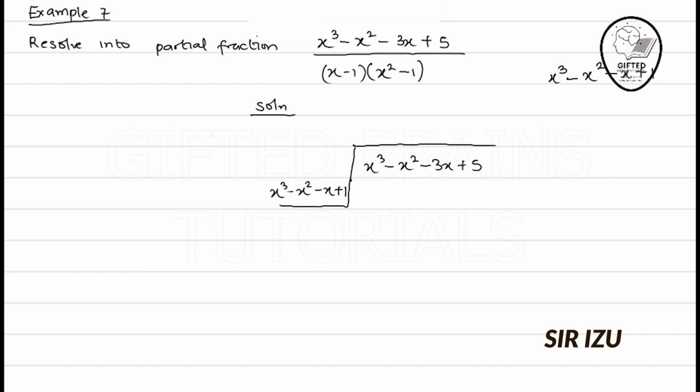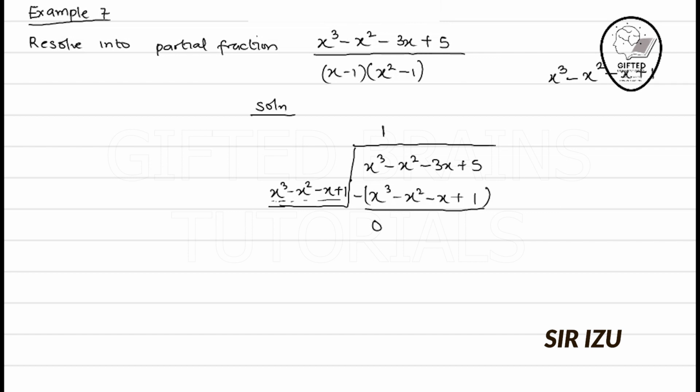As usual now, x cubed goes into x cubed and will give us 1. And then 1 multiplying everything in the divisor, everything here, we would have x cubed minus x squared minus x plus 1. And then the next thing we do is to subtract. So I'm subtracting now. x cubed minus x cubed will give me 0.